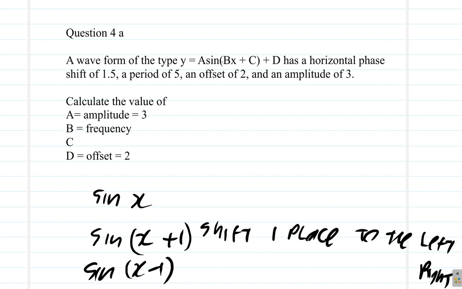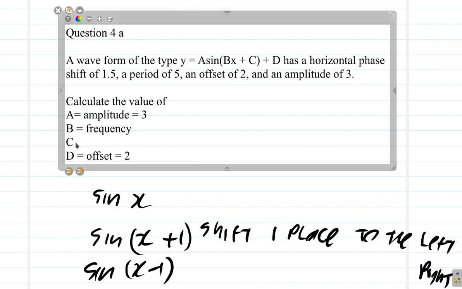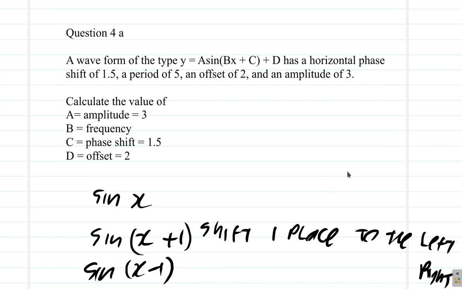So that's a phase shift. A phase shift of 1.5. We can see that c is a phase shift. So here, c is equal to the phase shift. In this case, it's 1.5. So that's what we have for question 4a.